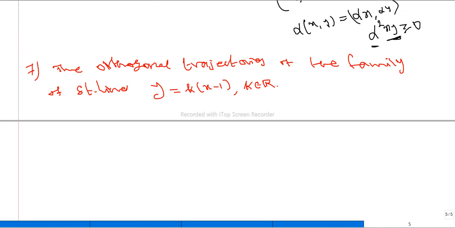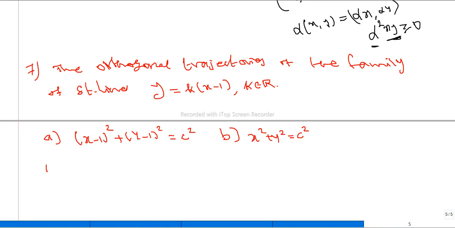So the first option should be circle x minus 1 whole square minus y minus 1 whole square should be equal to c square. Already we solved this problem, I think. So b is x square plus y square equal to c square, and everything is a circle.